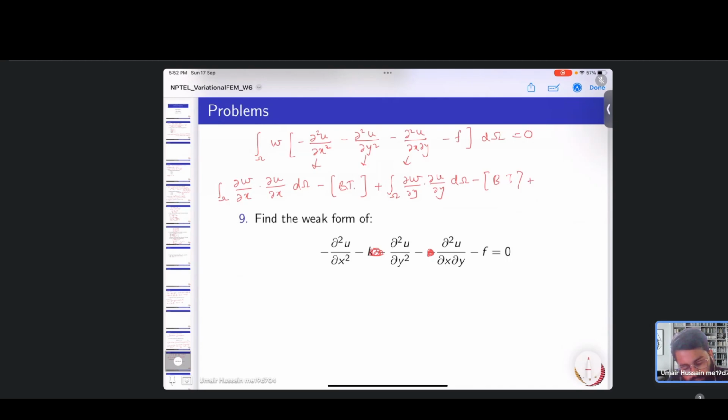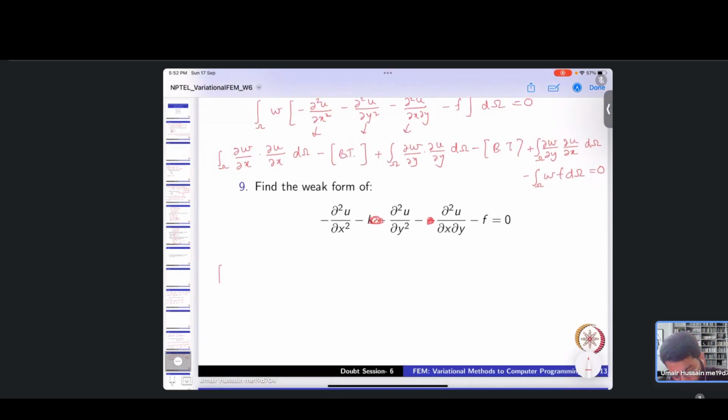Then again for the third term we have the integral of dou w by dou y, dou u by dou x, plus a boundary term. We won't write this one this time. Then we have this last term as it is, w times f d omega, equals 0.